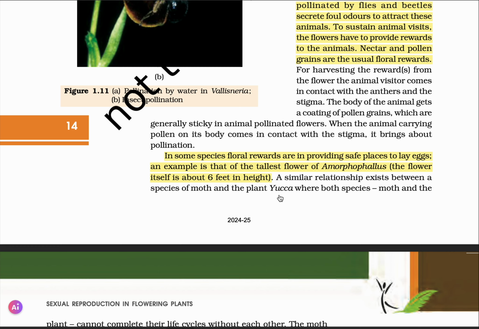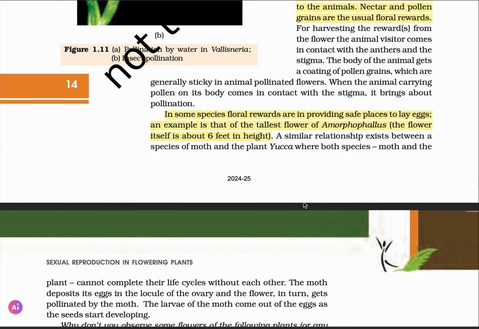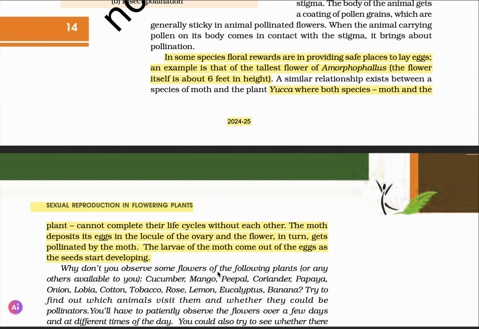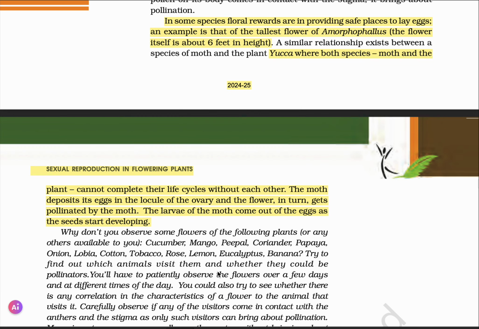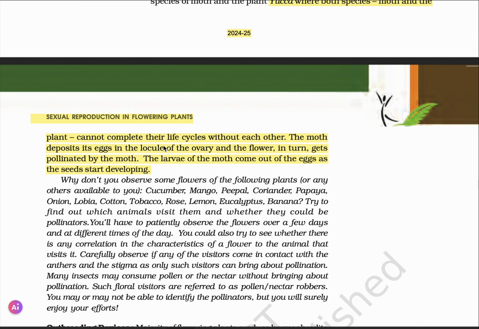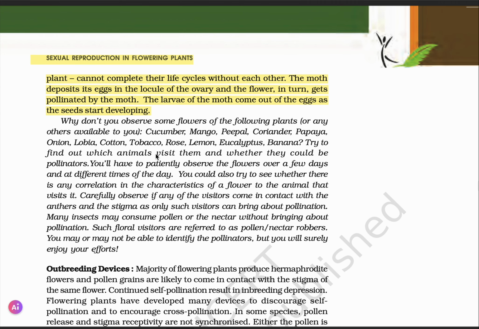A similar relationship is between yucca and moth, in which the moth brings about pollination, while the yucca provides a safe place for the moth to lay eggs. The larva comes out when the seed starts developing. So the locule is the ovarian cavity, and the moth deposits its egg in the ovarian cavity.